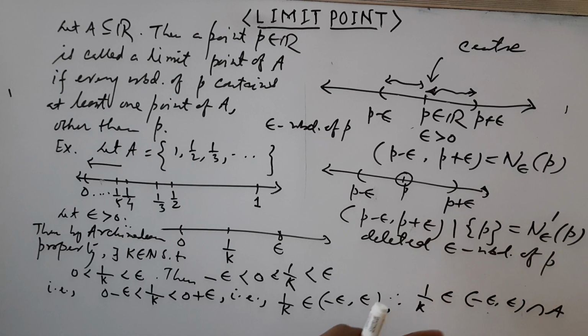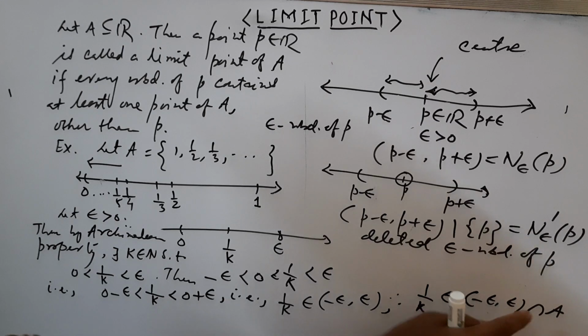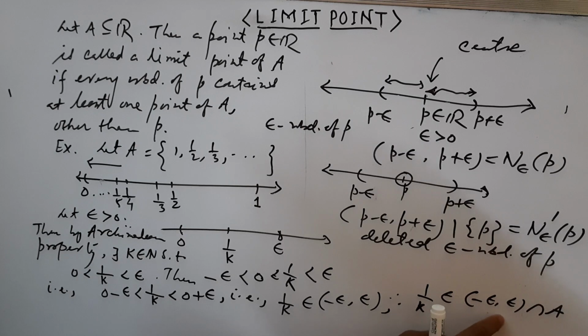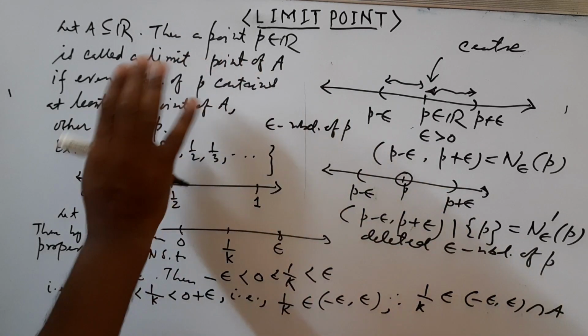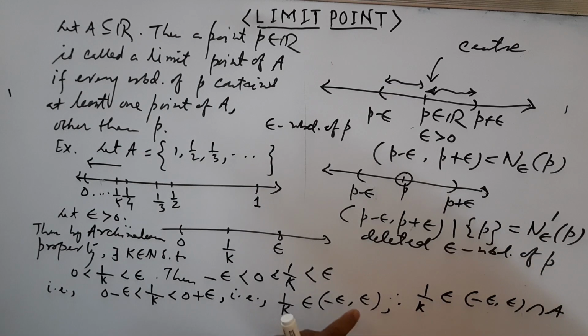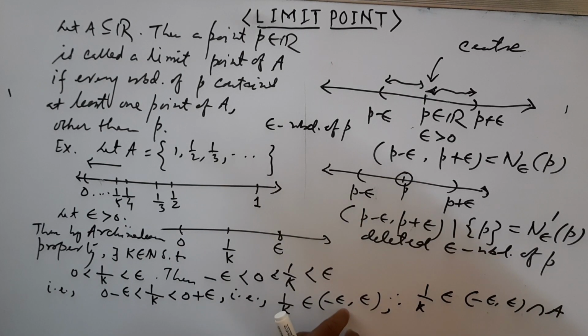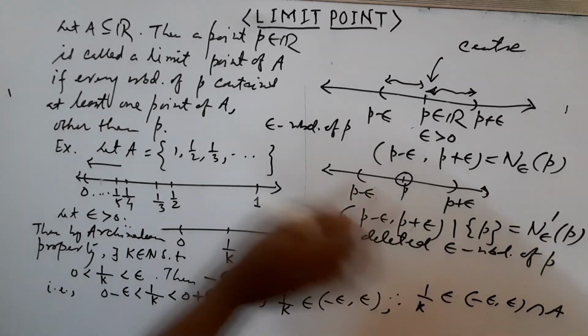Also epsilon is positive, which was arbitrarily chosen. So we say that every neighborhood of the point 0, here minus epsilon to epsilon is a neighborhood of 0, and since epsilon is positively chosen, this denotes that every neighborhood of the point 0 contains at least one point of the set A different from 0.